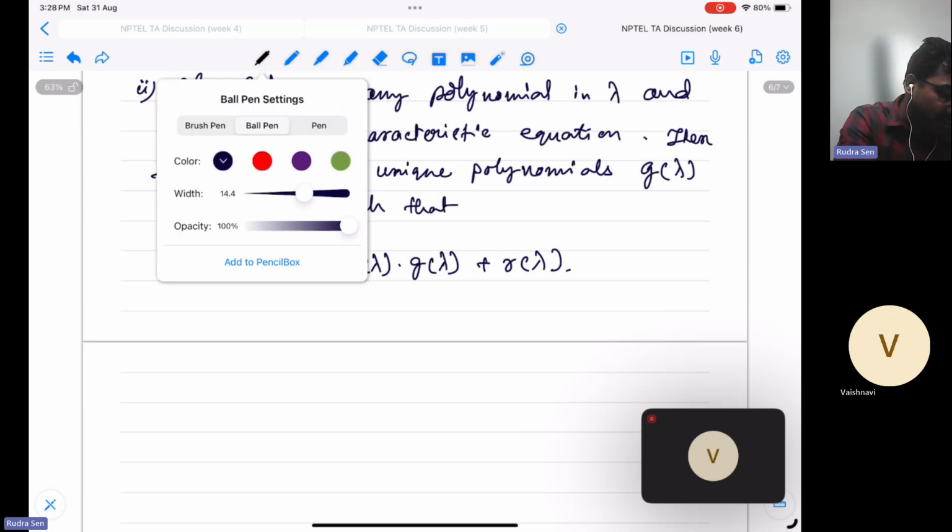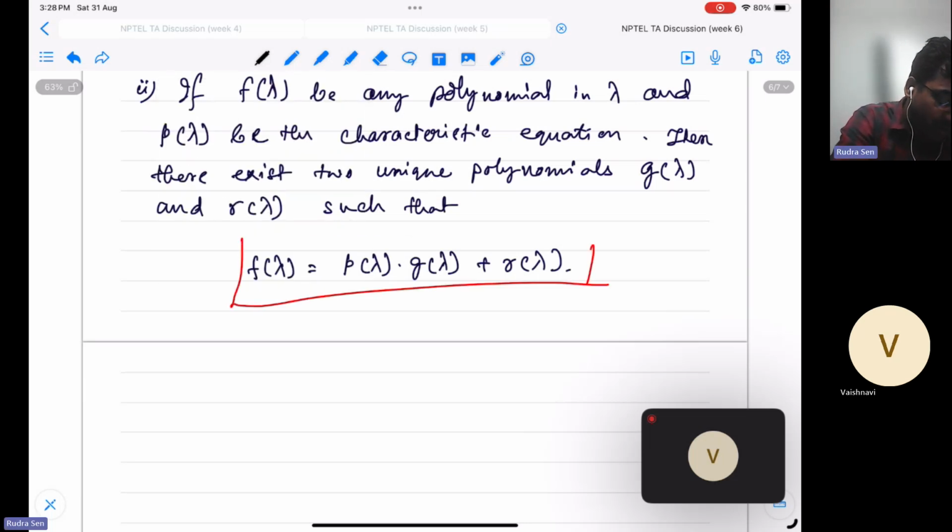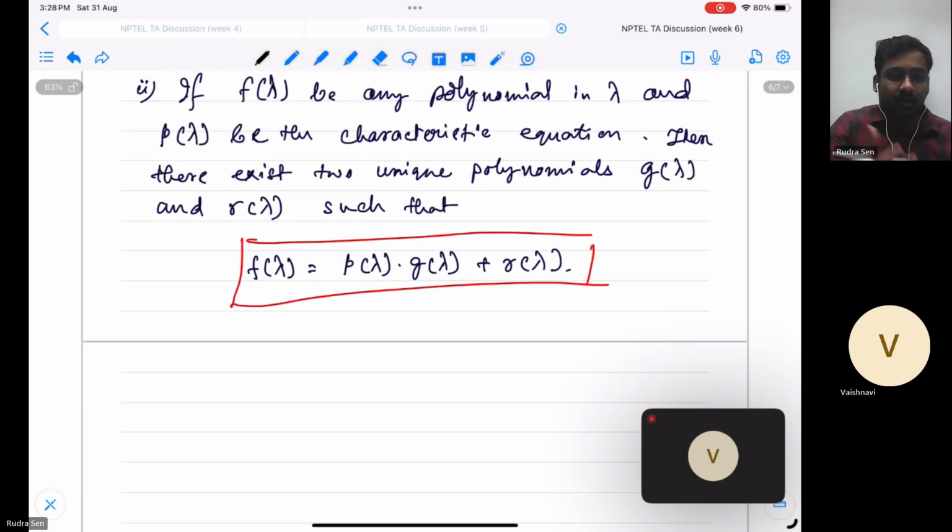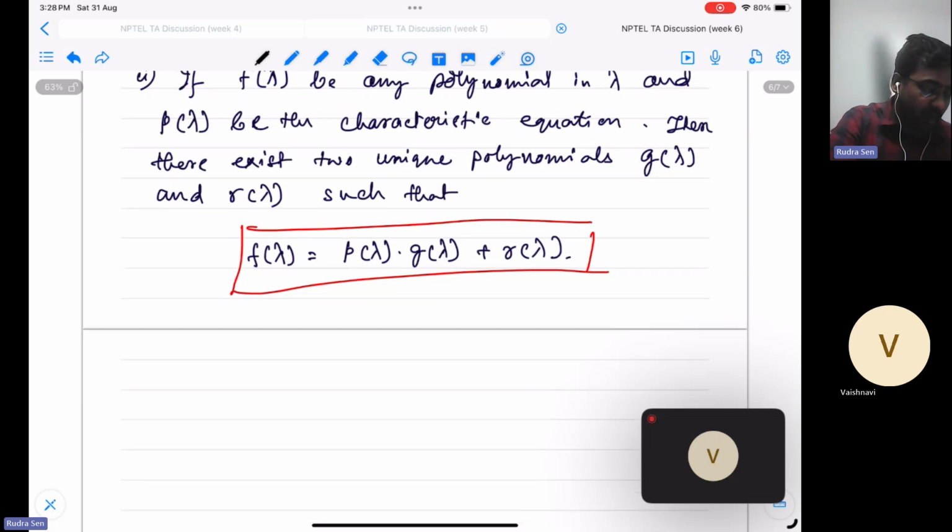Using this formula, we try to solve the next question.